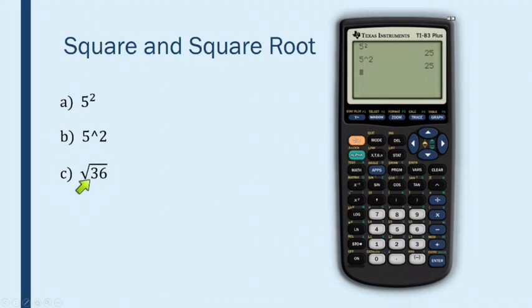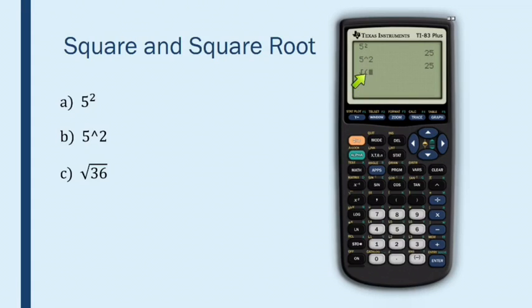Now let's look at a square root. Here we have square root of 36. The square root function on the calculator is the second of the square button. So to get the square root of a number, we just get the radical on the screen first. So we'll say second square root, and notice that the calculator opens a pair of parentheses for us.